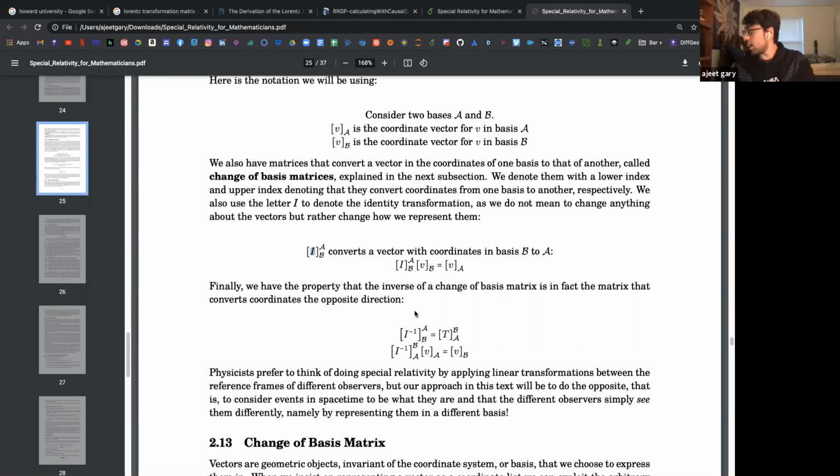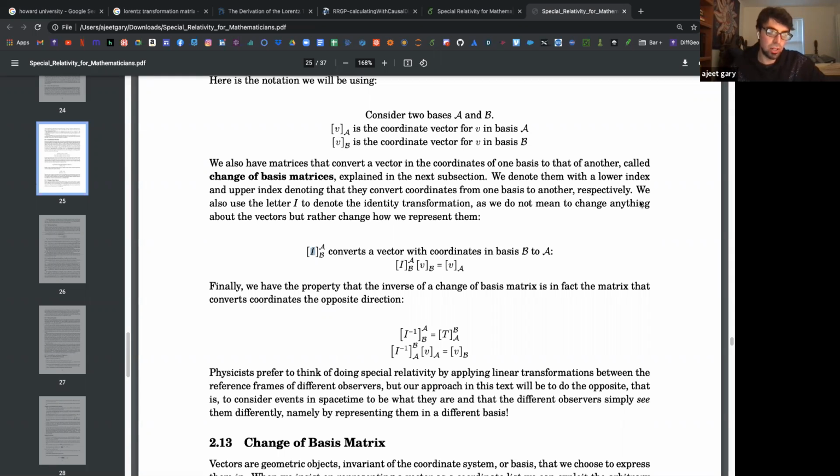I like this perspective because it helps to demystify the relativistic effects you see, right? If you have the same vectors, but we just measure them differently using different bases, that is the source of weird relativistic effects. We can see then that those effects are non-physical.